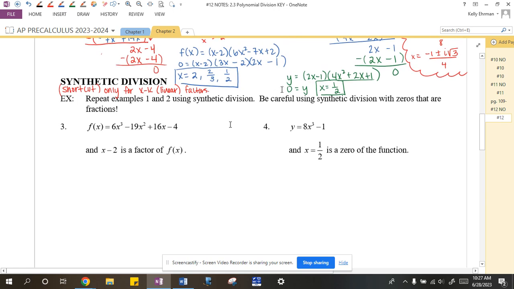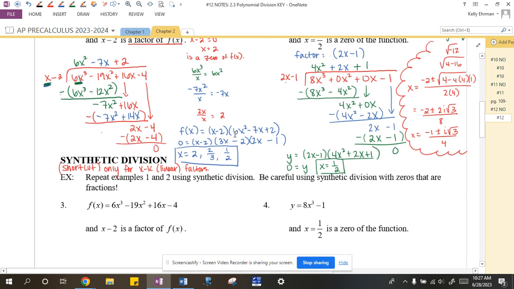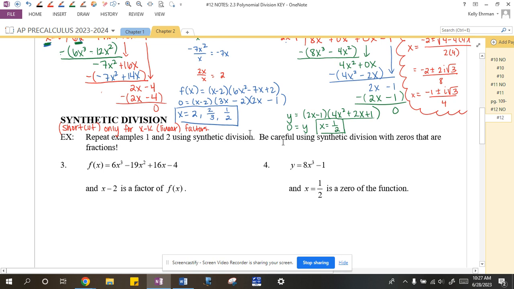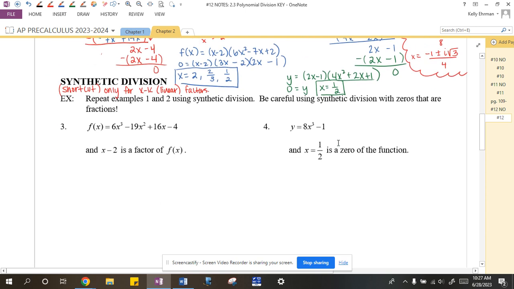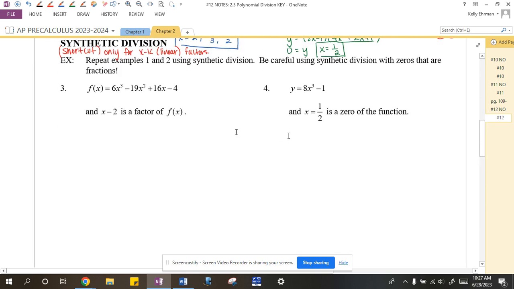Okay, repeat the same two examples. So same thing, we know what the answer should be using synthetic division. Be careful using synthetic division with zeros that are fractions. So we'll get to that in a second. Again, instead of writing out the steps for synthetic, I just want to show you the setup. It's easier to just see how it works. First, find your zero if it's not given. So x minus 2 is a factor.